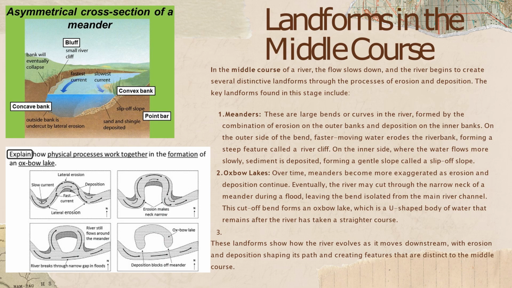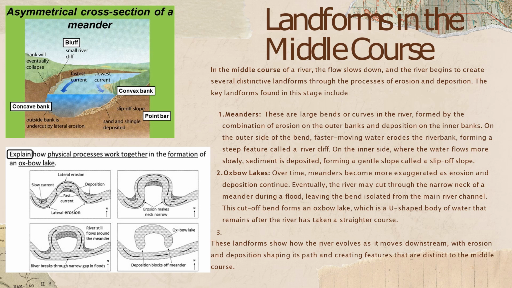In the middle course, two common landforms are meanders and oxbow lakes. Meanders are large bends in the river formed by erosion on the outer banks, called river cliffs, and deposition on the inner banks, called slip-off slopes.